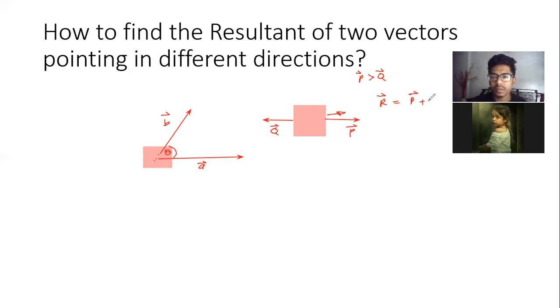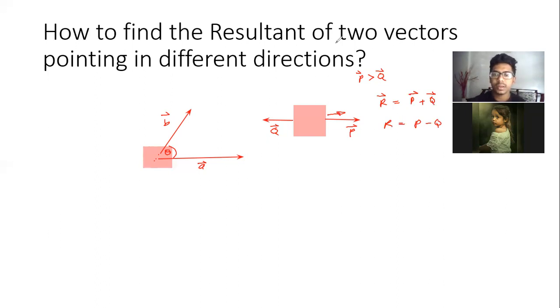If I consider the magnitude of the vector, the resultant will be the magnitude of P minus the magnitude of Q. We can simply get the resultant when both vectors are acting in the same direction, or when they are in opposite directions.